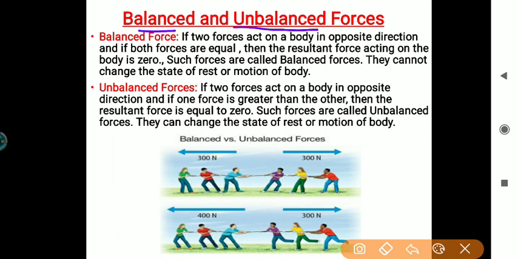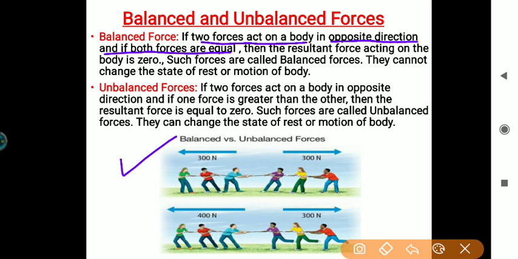Next is balanced and unbalanced forces. First, what are balanced forces? The definition of balanced forces is written here. If two forces act on a body in opposite directions and both forces are equal, like that.